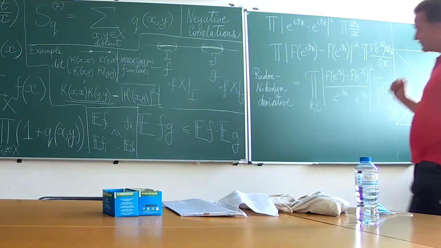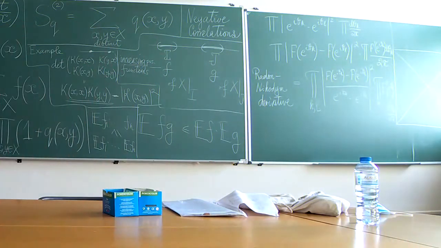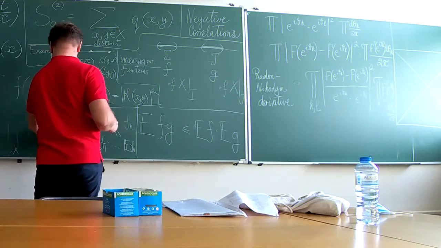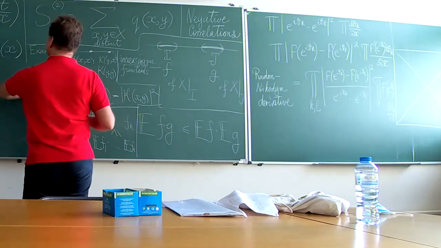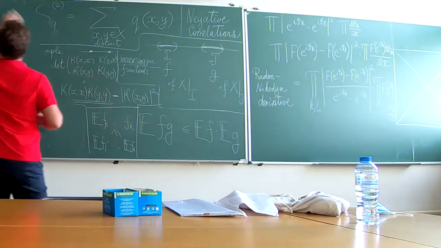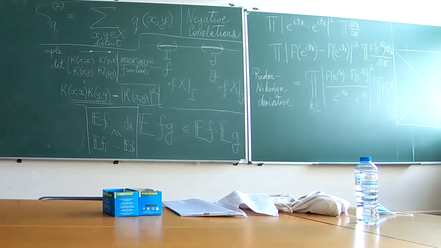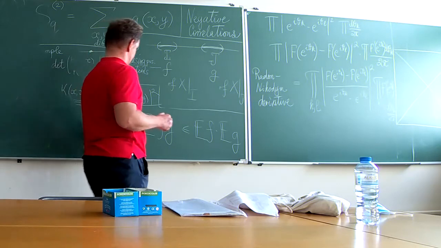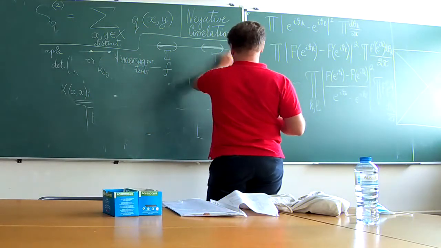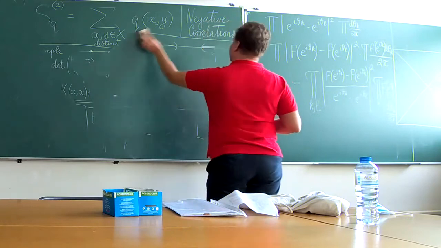So now I want to explain a very simple but very useful fact: that the property of negative correlations allows one to estimate the distribution of additive functionals.